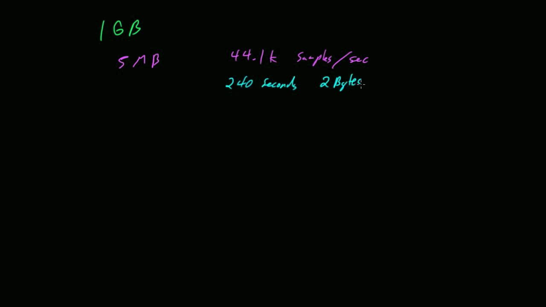So if we multiply all of this together, we should get the number of bytes in an uncompressed 4-minute song. I'm not going to do this in my head. Maybe I am.